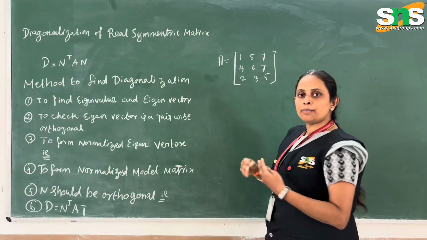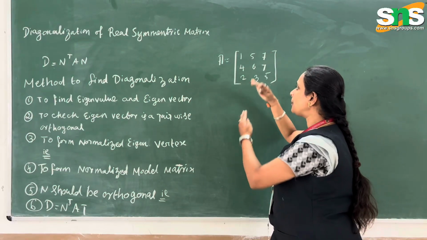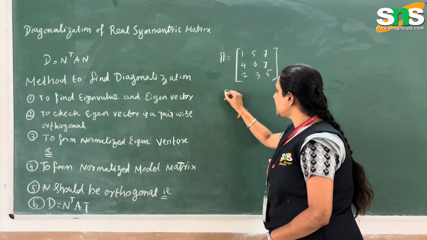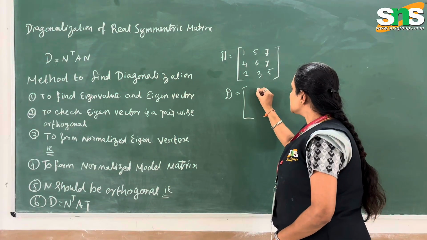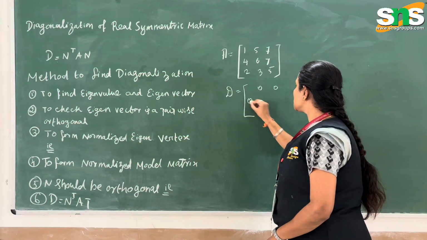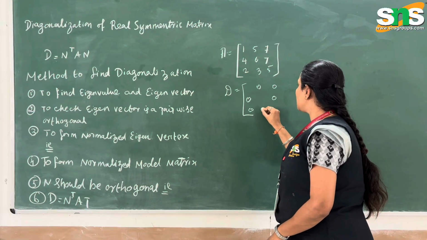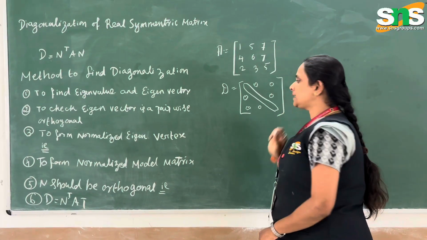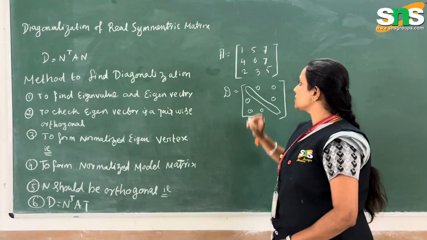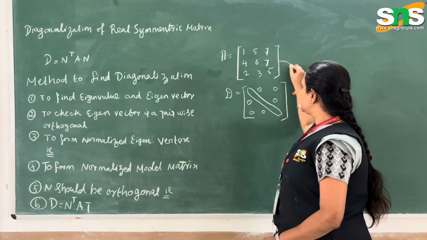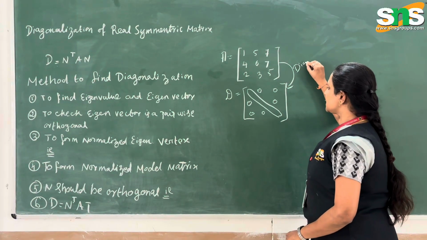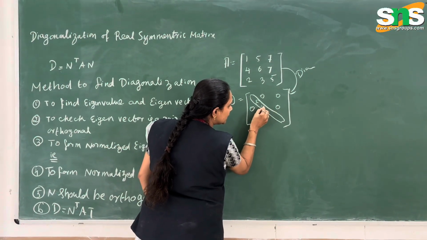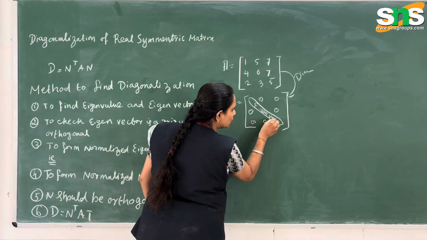If we apply the diagonalization, the matrix is converted as D equal to a matrix with zeros everywhere except the diagonal. Only the eigenvalues occur, and the values occurring in the diagonal are the eigenvalues.